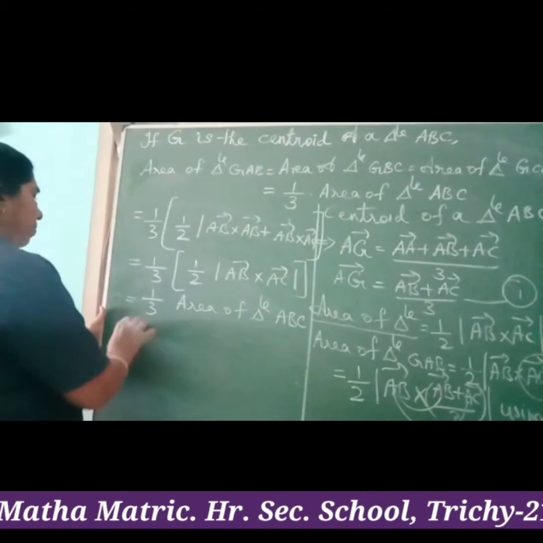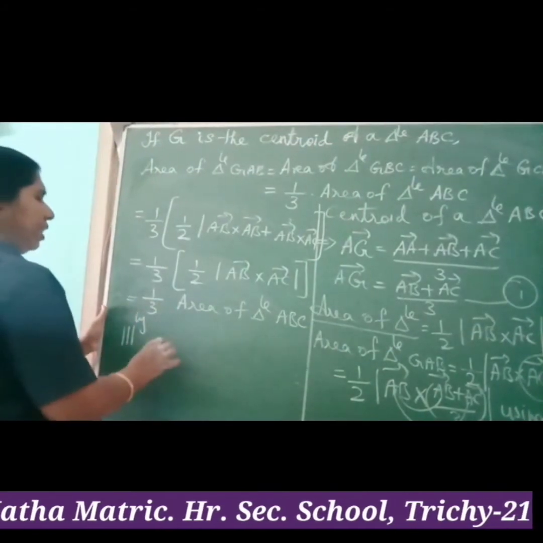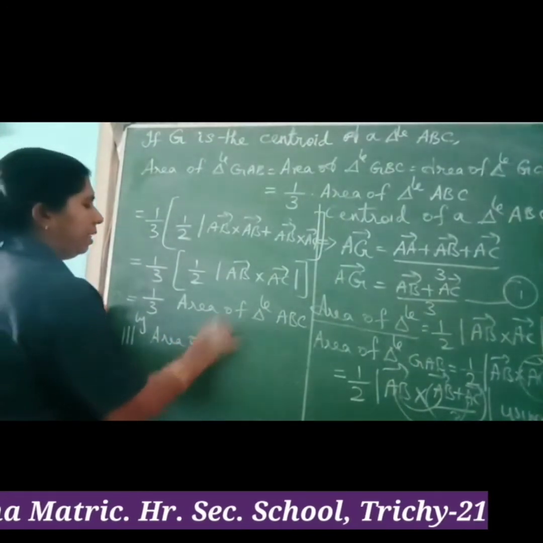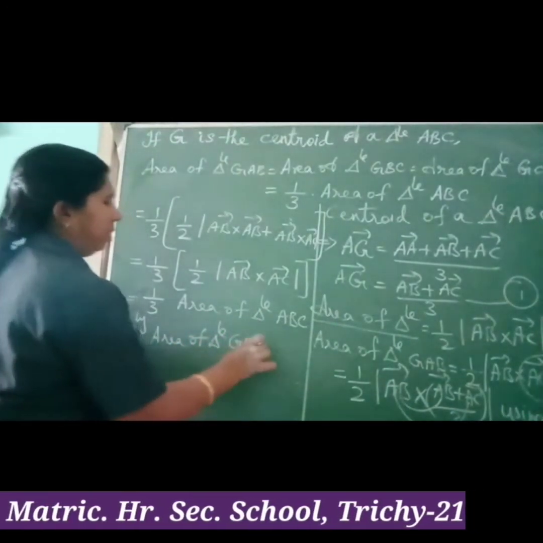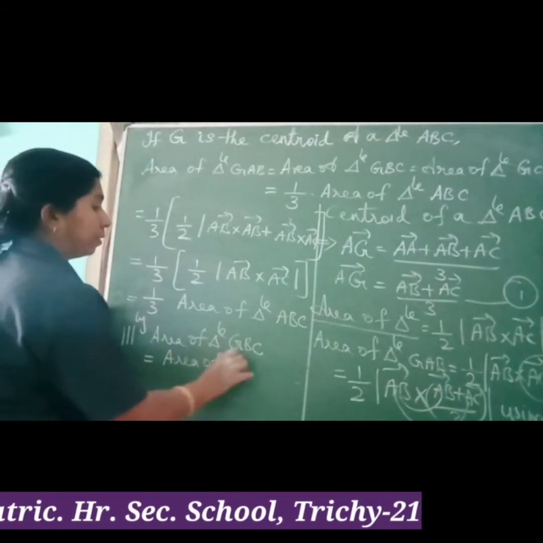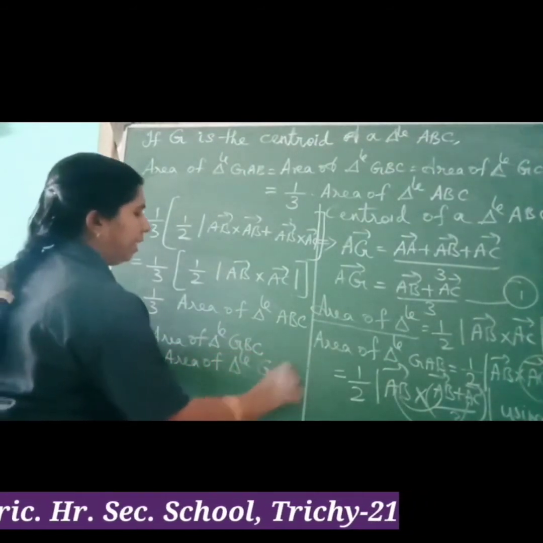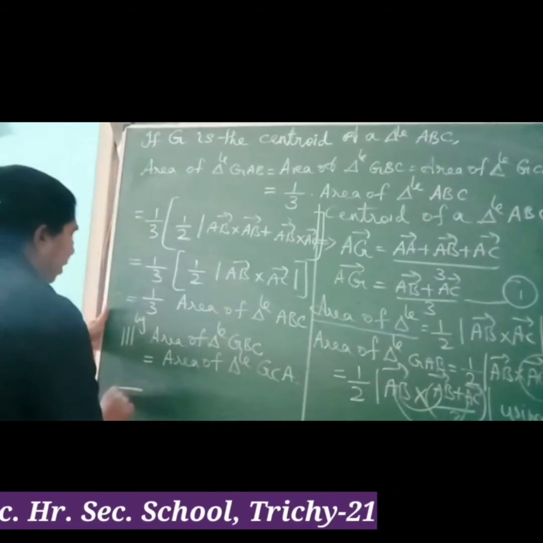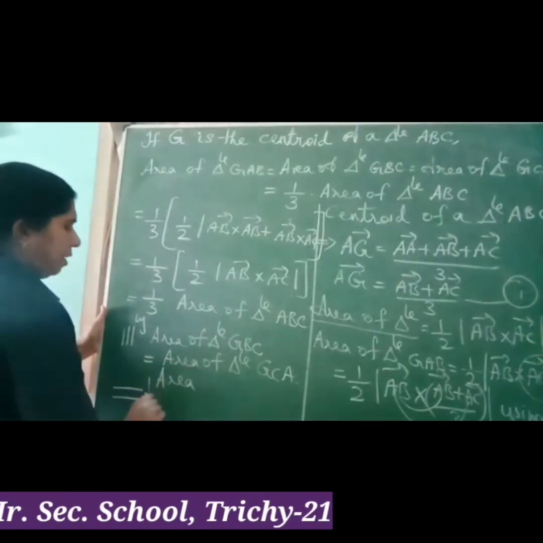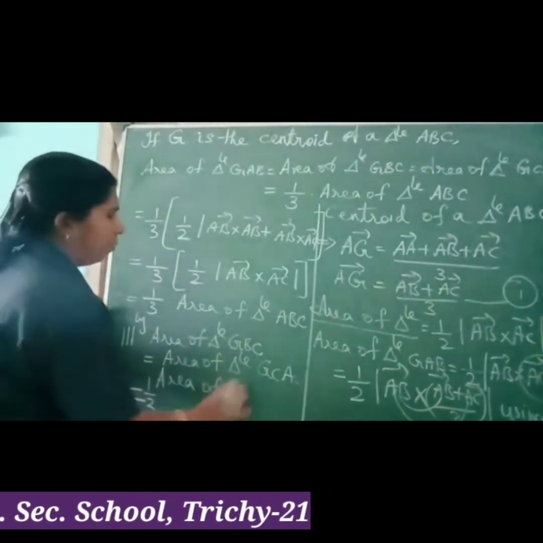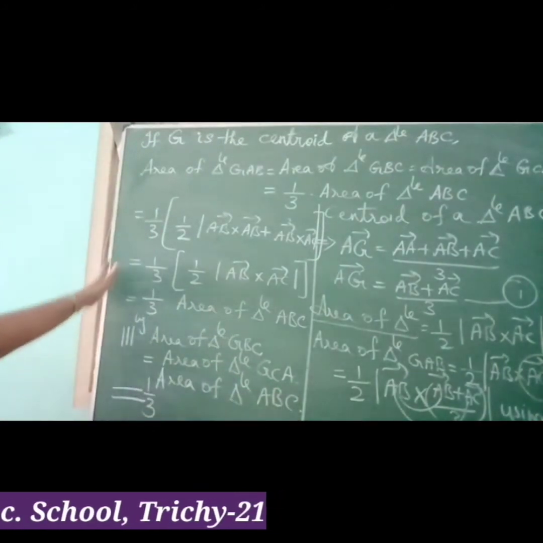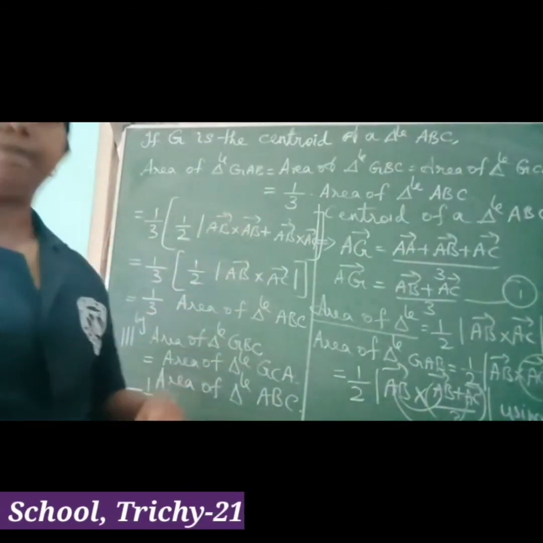So similarly, area of triangle GBC is also equal to area of triangle GCA. These two values are also equal to 1 by 3 into area of triangle ABC. Likewise, you can prove the result.